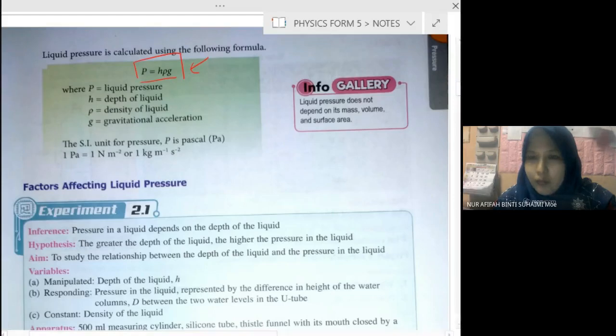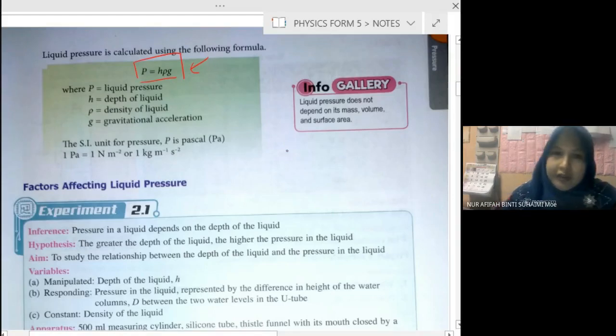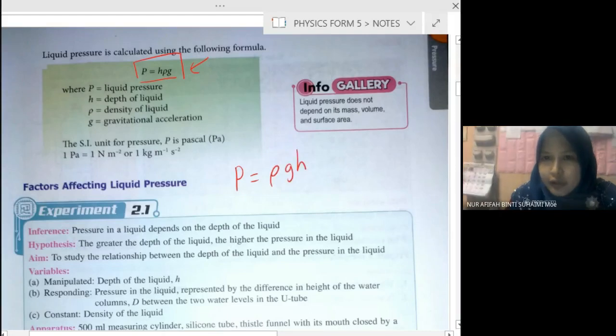Right. Factors affecting liquid pressure. So this one you just look at the equation. What happens to pressure if density increases? Pressure also increases. And then the gravity, yang ni not involved lah.